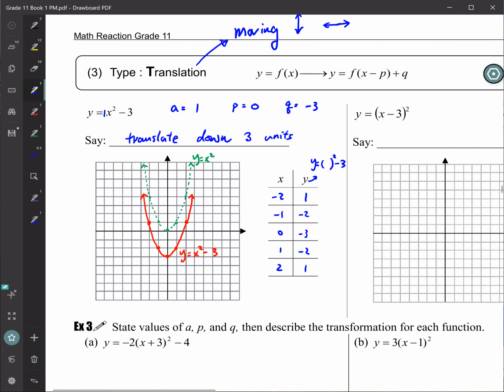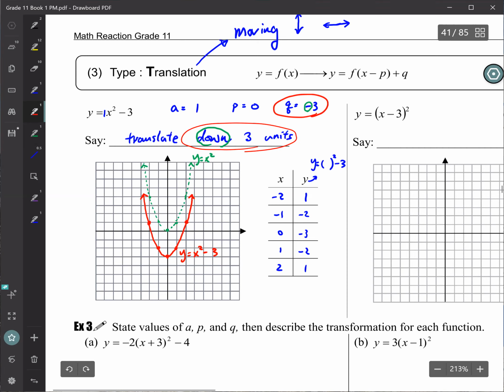By comparing the values of APQ, we can see that Q controls the moving up and down. Because it's a -3, negative tells you it's downward. Negative means down, and together you call that down 3. So Q controls up and down.